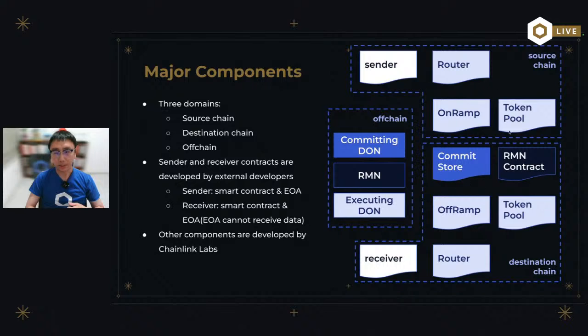Everything else is developed by Chainlink. Chainlink has already deployed the router, on-ramp, token pool, commit store, and everything except for the sender and the receiver on the blockchain. You can directly use that. So although the architecture or mechanism is kind of complicated, it is very easy for you to use the CCIP as a developer. Okay, cool.